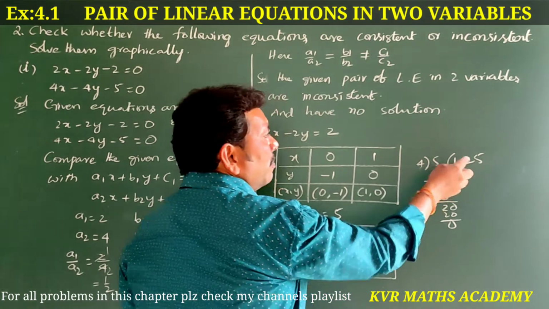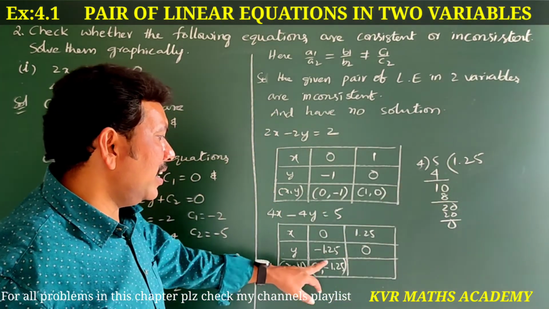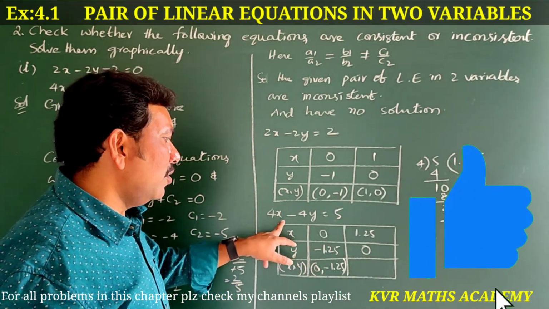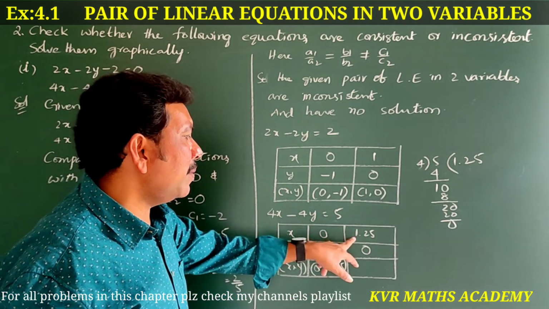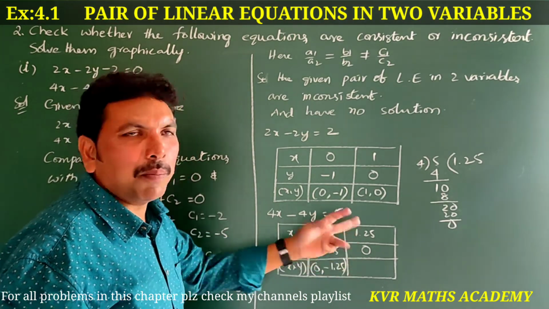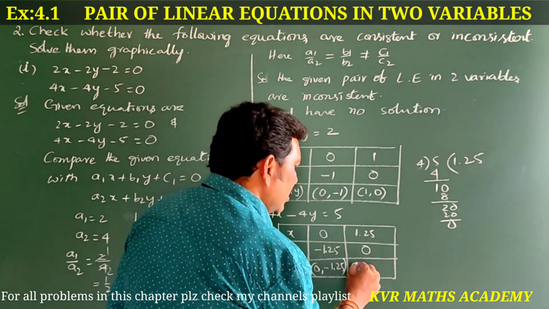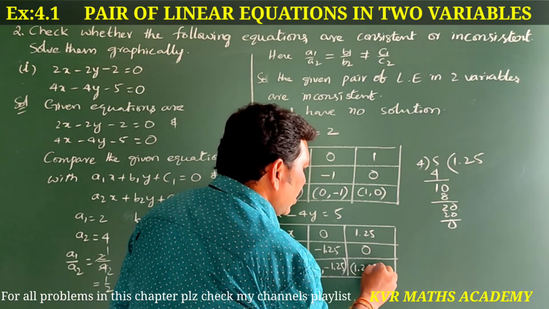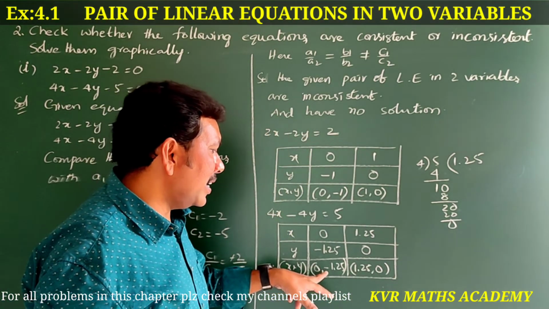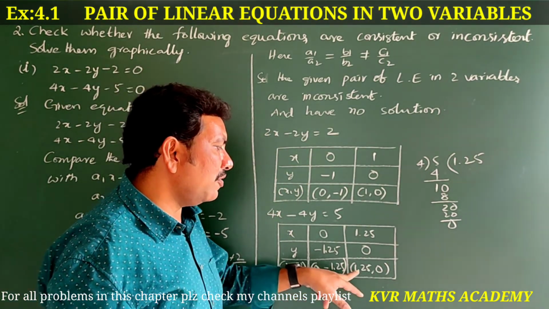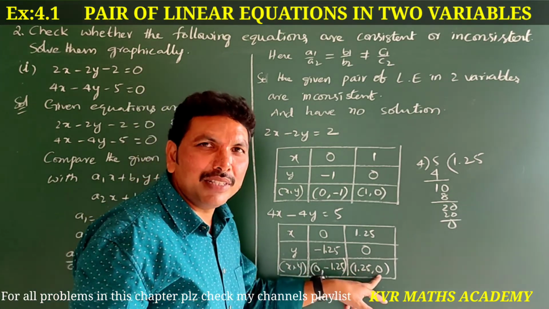So 5 by 4 means 1.25. So here also minus 5 by 4 means minus 1.25. Here plus 5 by 4 means 1.25 only. So the point is 1.25 comma 0. So the obtained points are 0 comma minus 1.25 and 1.25 comma 0.